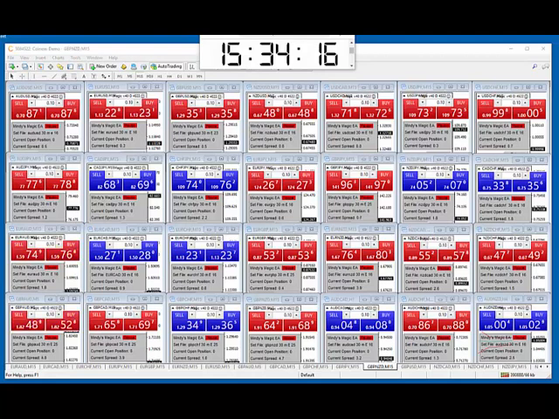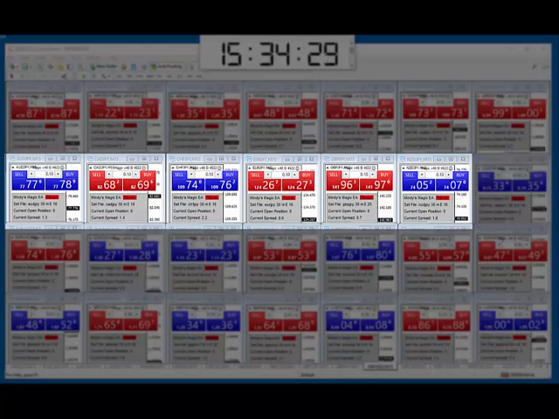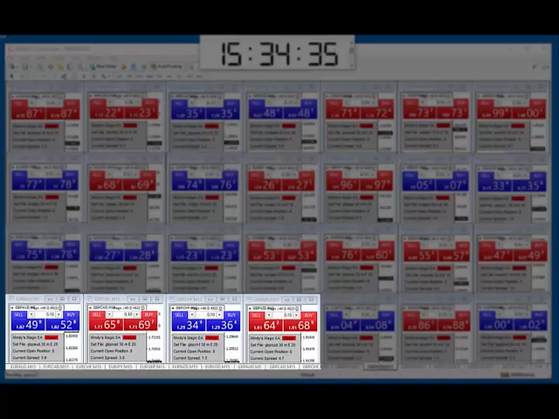Because what I'd like for you to do is find the pairs that you trade on this grid. The USD pairs are primarily listed across the top row. The JPY pairs are primarily listed on the second row. The EUR pairs are on the third row, and the GBP pairs are on the bottom row.